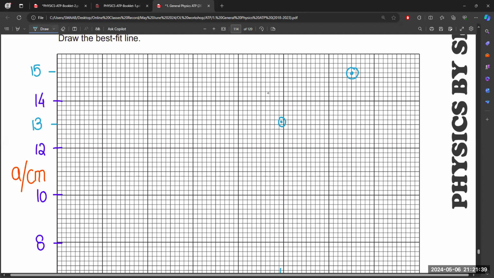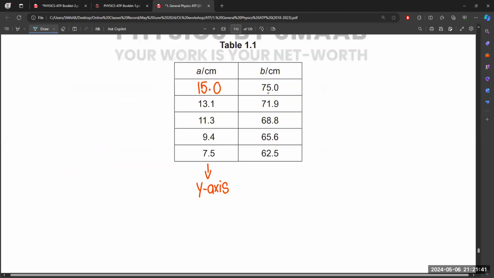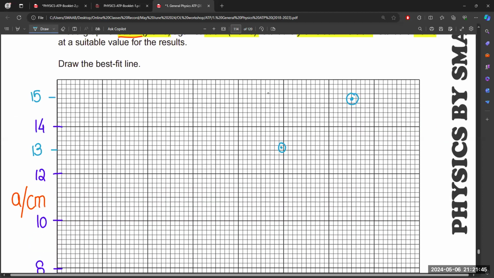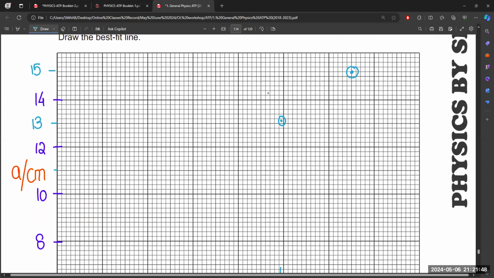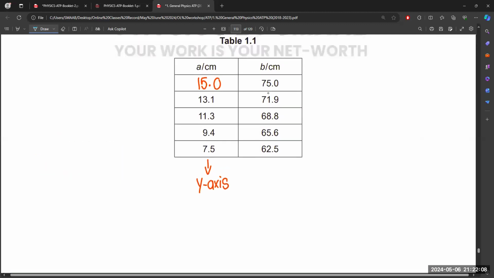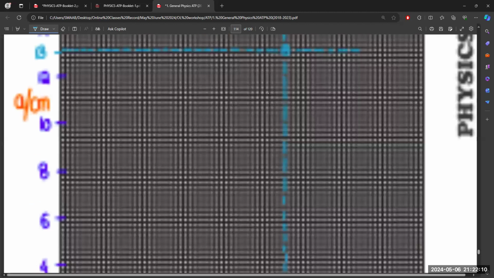And the third point is 11.3, 68.8. 11, this is 11. 11.3 will be again in between. 68.8.